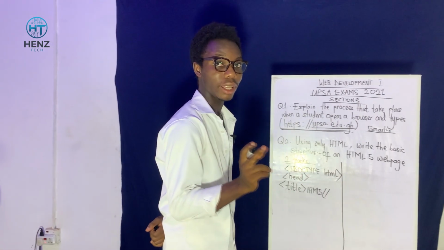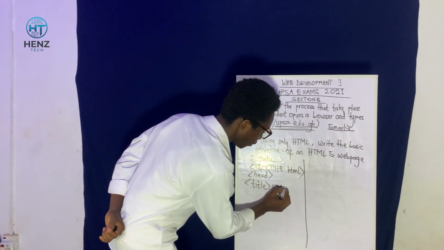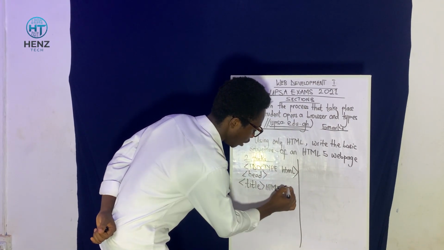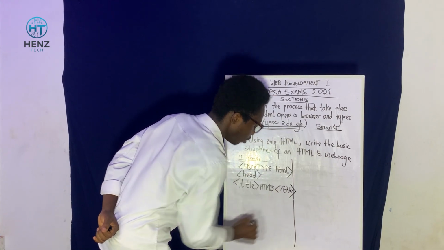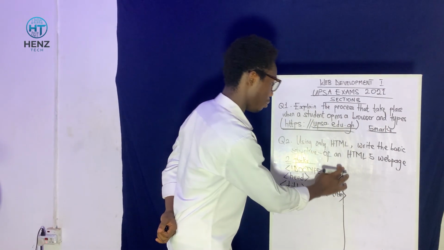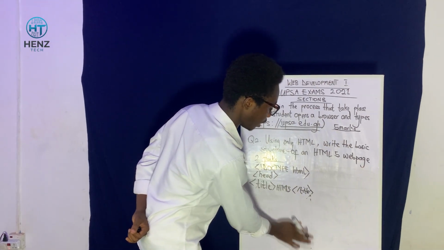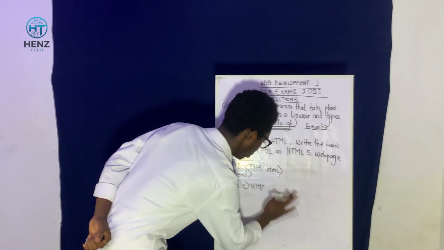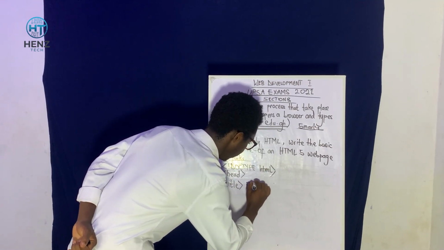When you want to close a tag, you use the angle bracket first, then a slash, then you write title, then you close it like this.